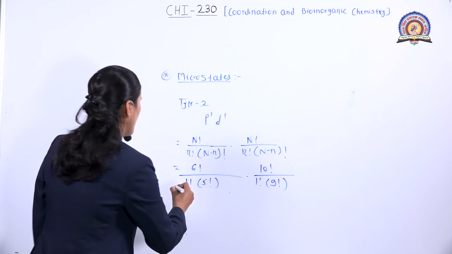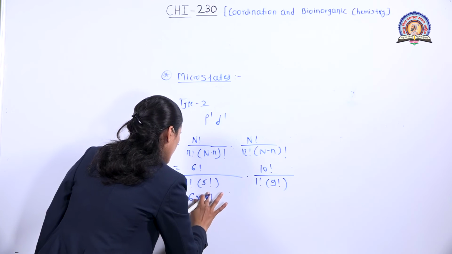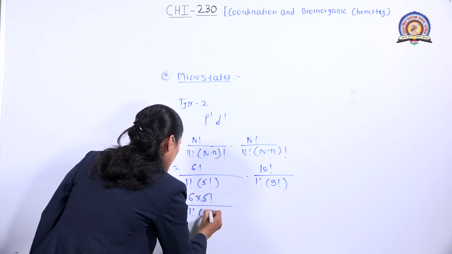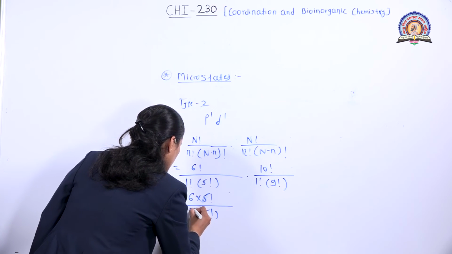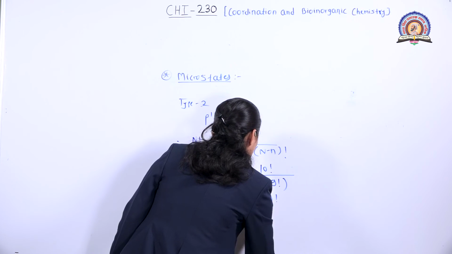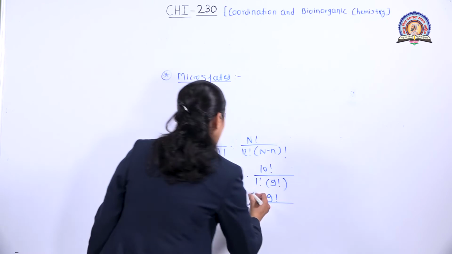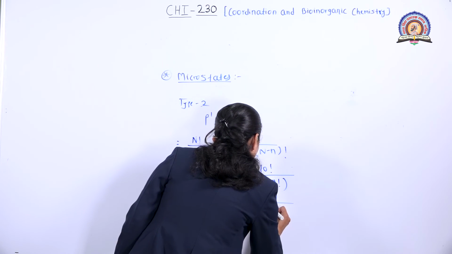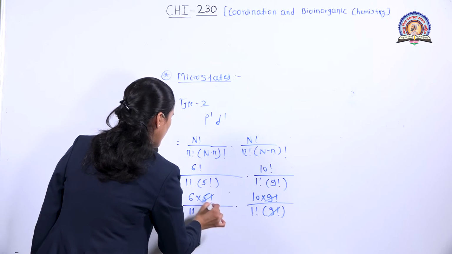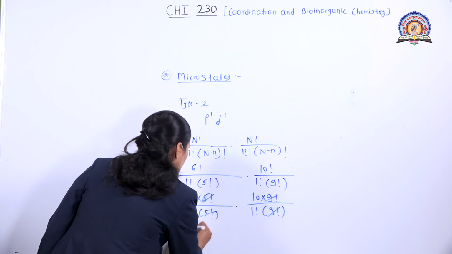We write 6 into 5 factorial, with 1 factorial having no effect, upon 5 factorial, into 10 into 9 factorial upon 9 factorial. I wrote it up to 9 factorial so that it cancels. The 9 factorial and 5 factorial cancel, and we have only 6 into 10.